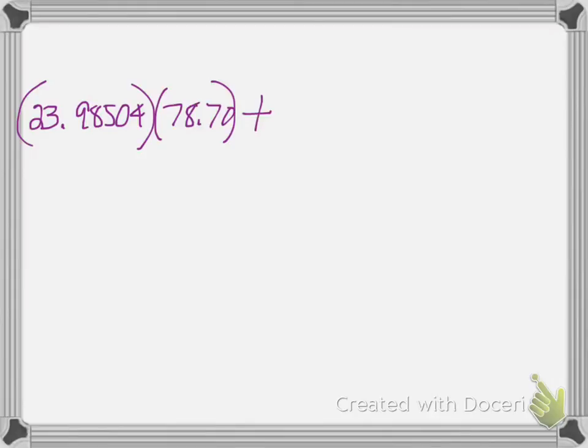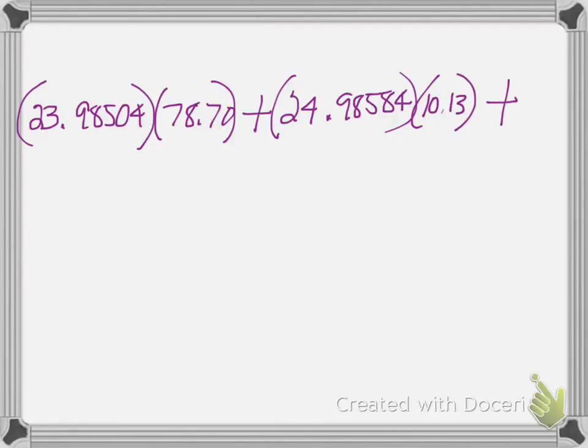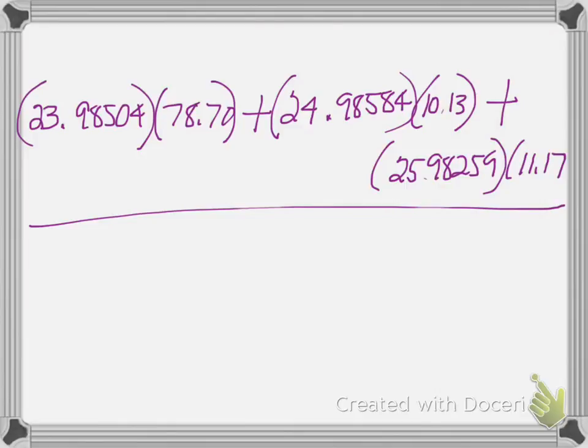So it's going to look like this: 23.98504 times its percentage, which is 78.70, plus 24.98584 times 10.13, plus 25.98259 times 11.17. Then I'm going to take that whole thing and divide by 100. If you don't have a calculator, grab one real quick.